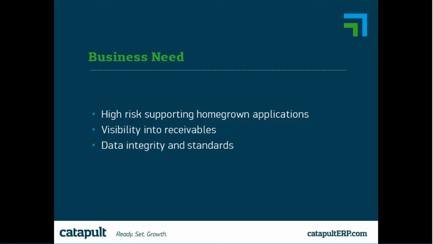As I mentioned before, they didn't actually have a subledger for the receivables, so we made sure that that came into NAV so that at any given time they would be able to report on the receivables within their finance system versus through a shadow or third-party system at that point in time.